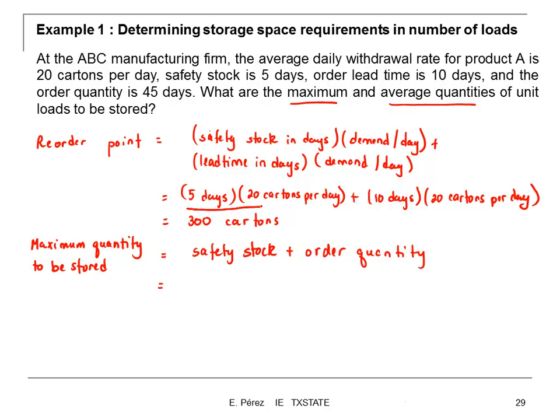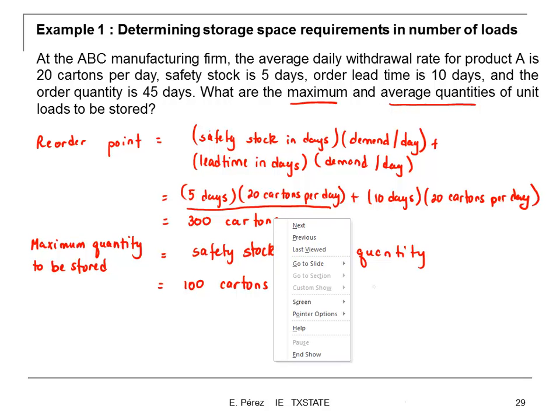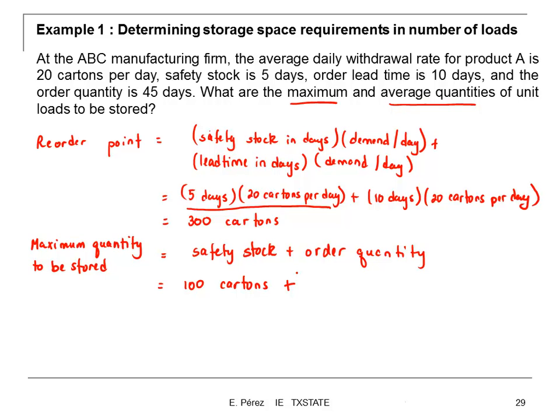The safety stock we computed already. It's 5 times 20, so this is 100, plus the ordered quantity, which is 45 days times 20 cartons per day. And that's equal to 1,000.